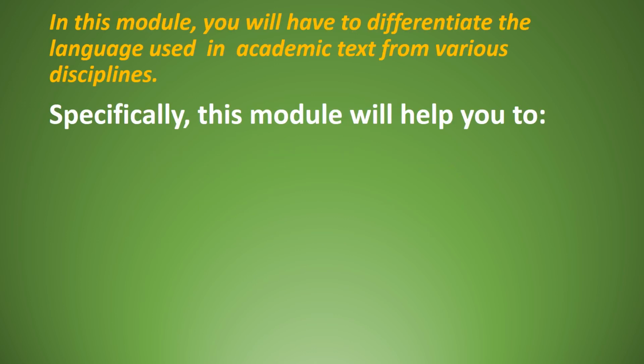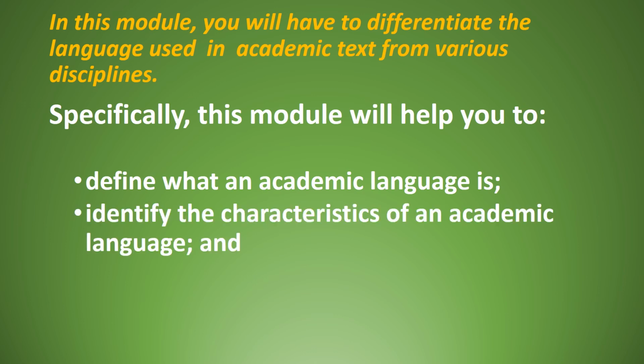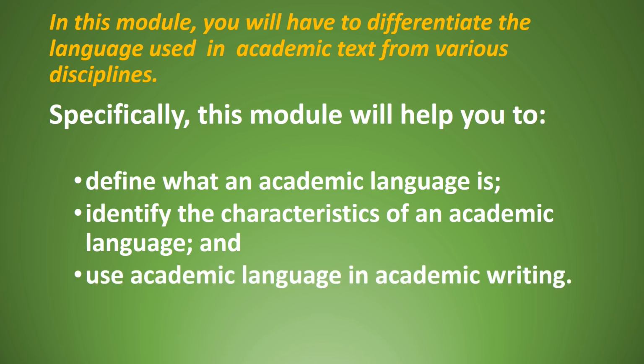In this module, you will have to differentiate the language used in academic texts from various disciplines. Specifically, this module will help you to define what academic language is. I will be giving you a thorough definition of what academic language is all about, and then identify the characteristics of academic language and use academic language in academic writing.